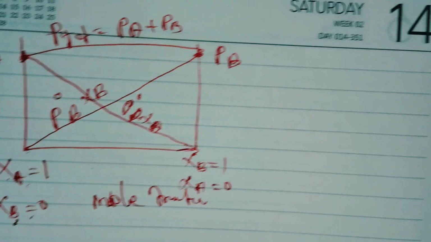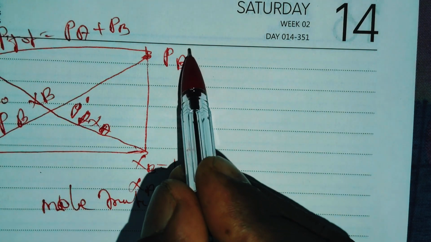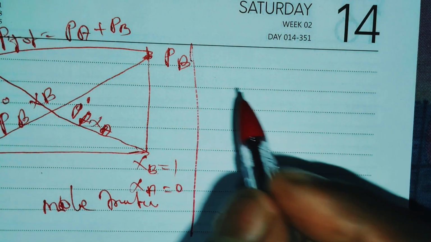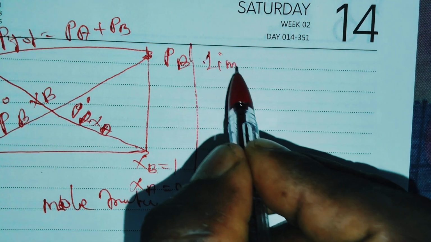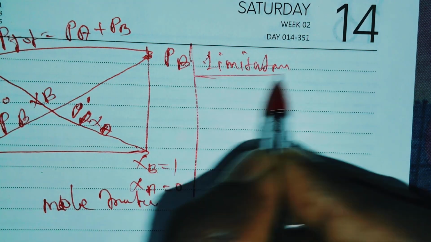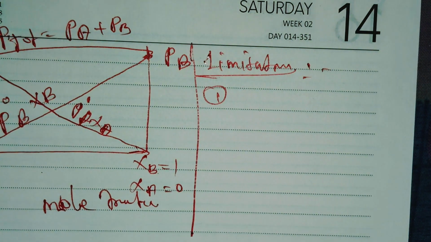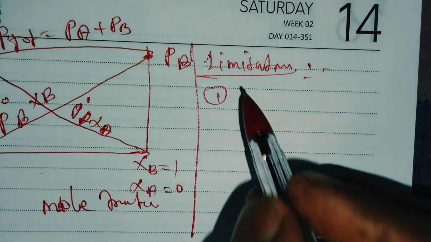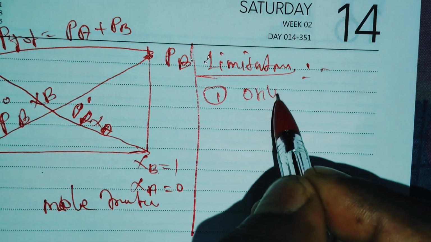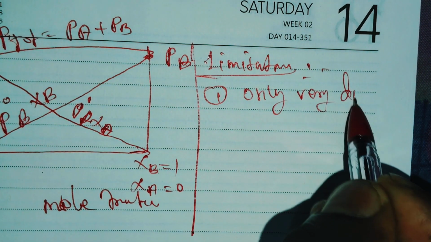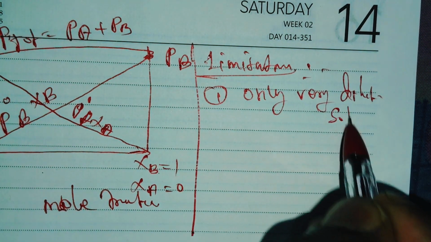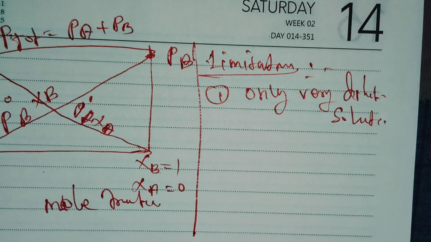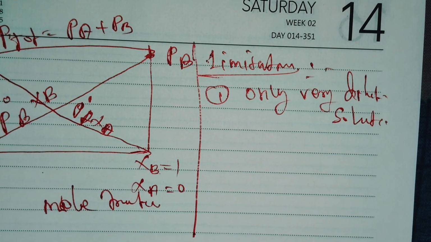It's a linear relation, and also see the limitations of Raoult's law. First, this law is applicable only to a very dilute solution, because in a dilute solution the concentration term, mole fraction, is what is used.